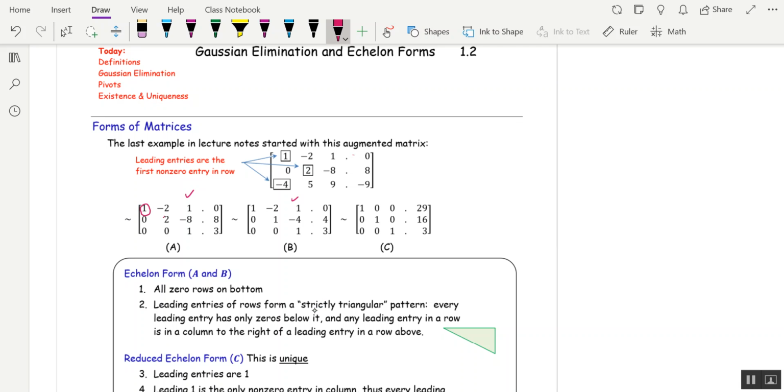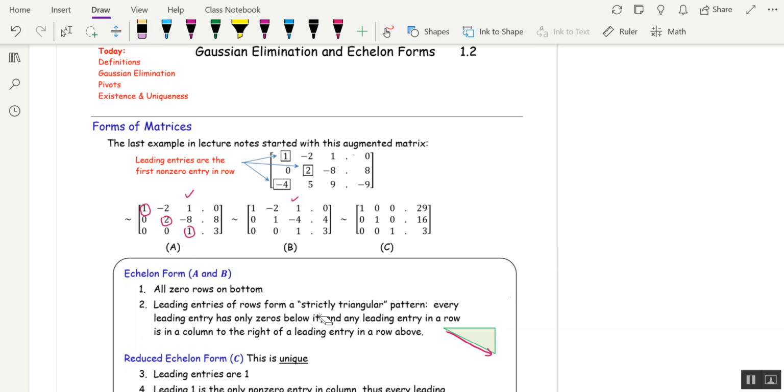So here's a leading entry, here's a leading entry, here's a leading entry. They have zeros below, and then each leading entry lies to the right of the leading entry above. So they form a triangular pattern, but the triangle has to go this way, going down from left to right. It can't go like this. So it has to be a triangular pattern.